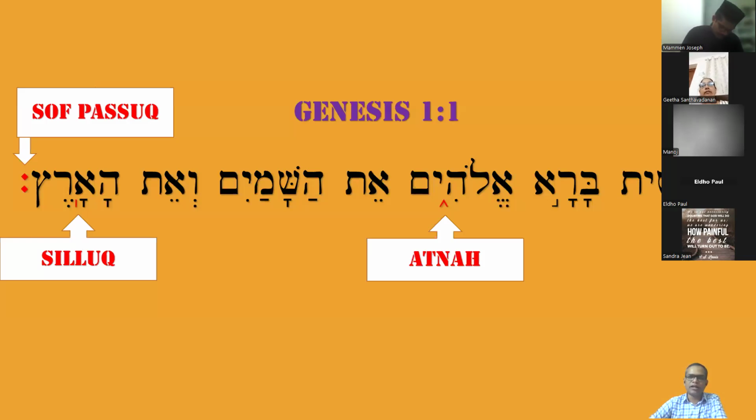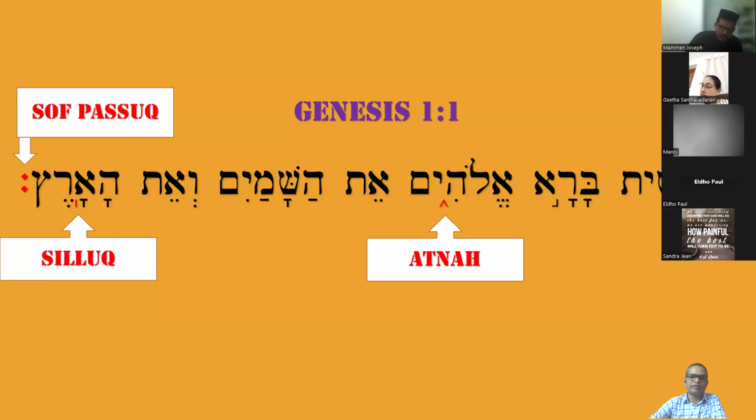So Bereshit bara Elohim. If you look at Elohim, you can see that under the he, you see a small red mark, like an inverted form of V. That is called Atna.